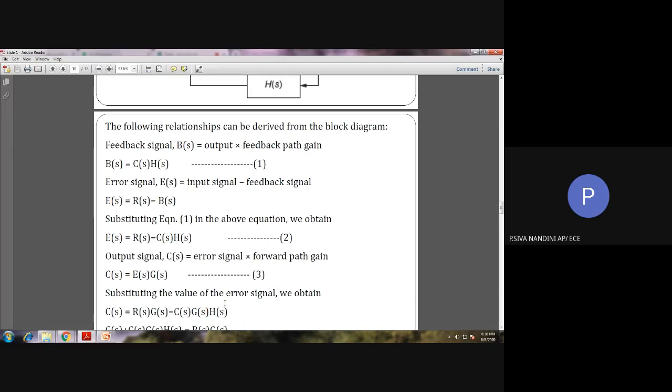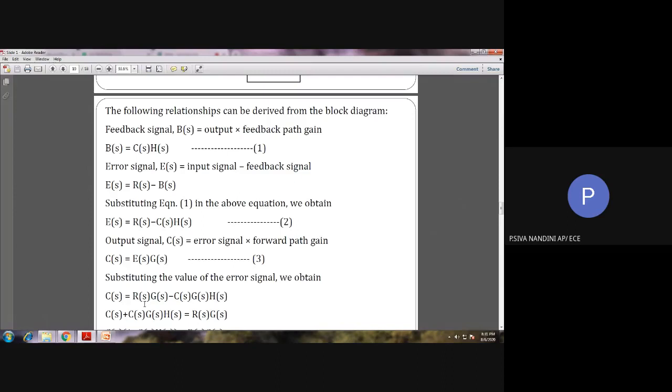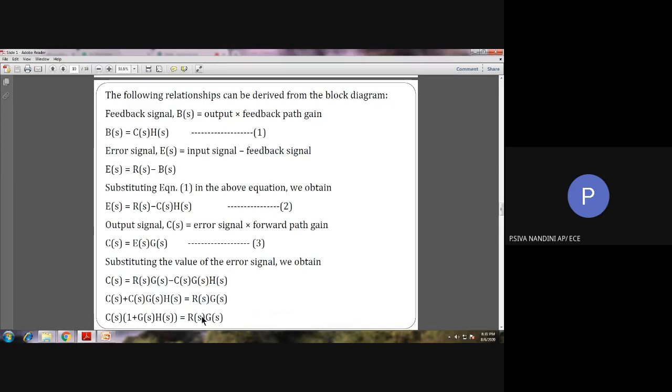And next, to obtain the transfer function, we need the ratio of output by input. C of S is the output, so we can bring C of S to the left hand side. We can take R of S, which is the input, to the right hand side. Then here I have taken C of S common.